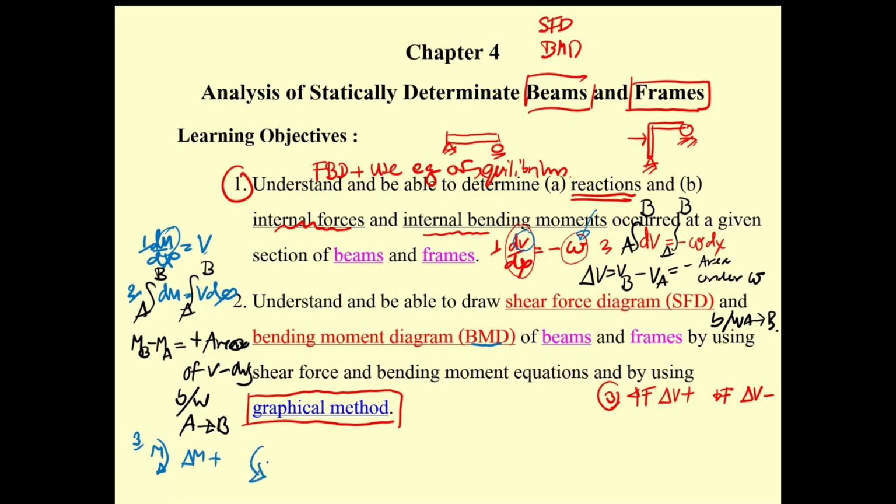If you have a counterclockwise moment, the jump in the moment is going to be negative. Okay. You have to use all of this many times until you finish the static analysis.